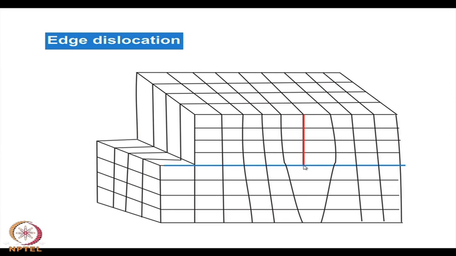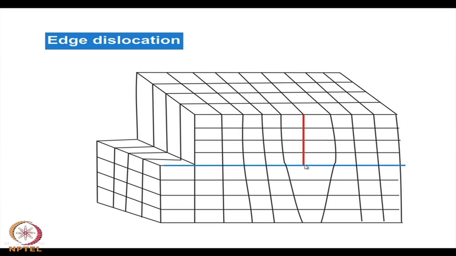So, the dislocation is defined as a boundary. On this diagram the boundary is actually a point. The line extends along the depth of this crystal, so the line is away from us.